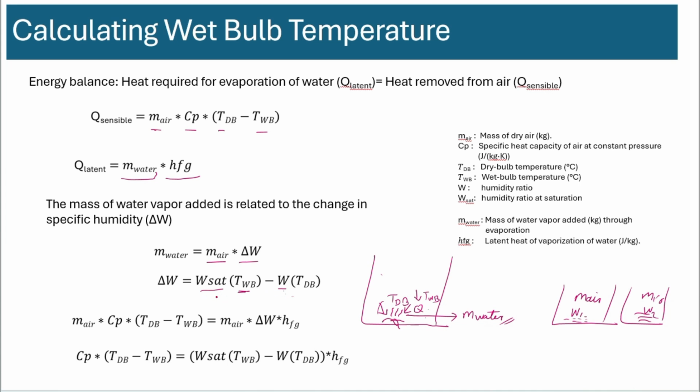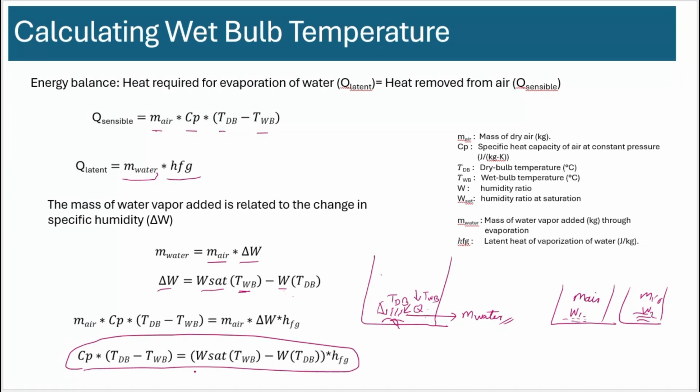So that difference will give you the delta W, and that could be used in this equation for energy balance. So this is the overall energy balance equation that we will calculate using the props SI function.